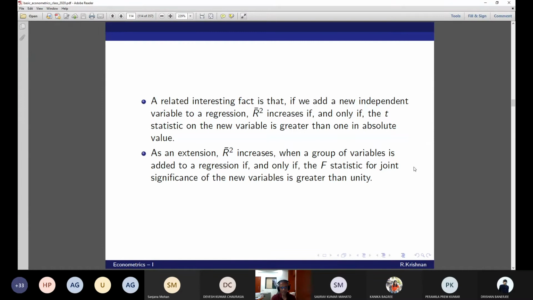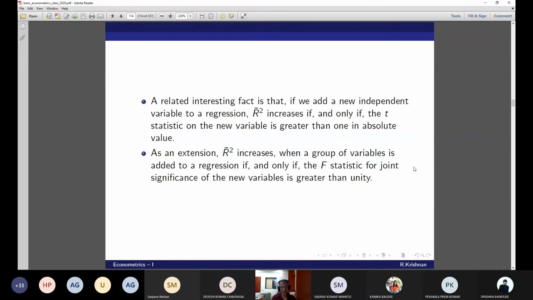A related interesting fact is that if you add a new independent variable to a regression, R bar square increases if and only if the t statistic on the new variable is greater than 1 in absolute value. Both results can be proved, but for now you just take it as a theorem without proof.